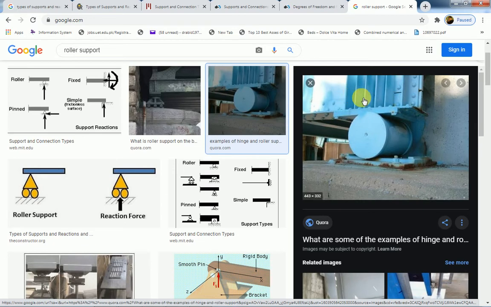For example, it is the edge of a bridge, and a roller is placed at the side of this bridge. Basically, when you make structures of steel or concrete or any material, in winter the material contracts and in summer the material expands.